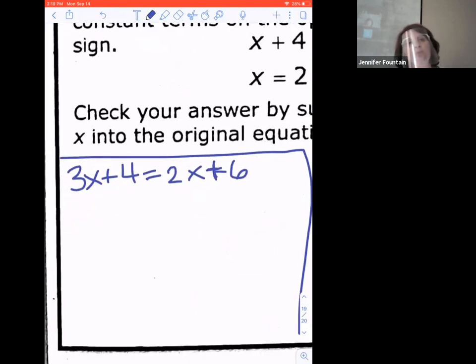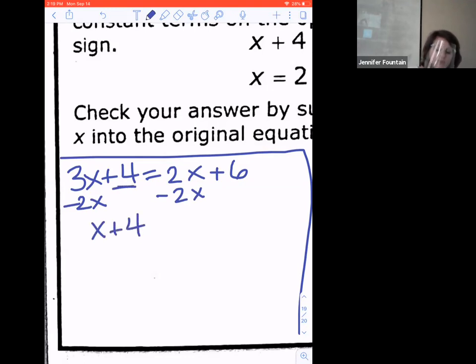So when I look over on the right-hand side, I can see that I've got 2x on that side. Okay? So I'm going to subtract 2x from both sides. Now I can see that 3x minus 2x a lot better. And I know that 3x minus 2x is x. I still have plus 4 up here. So on this side, I have x plus 4 equals, 2x minus 2x cancels out, all I have left on this side is 6.